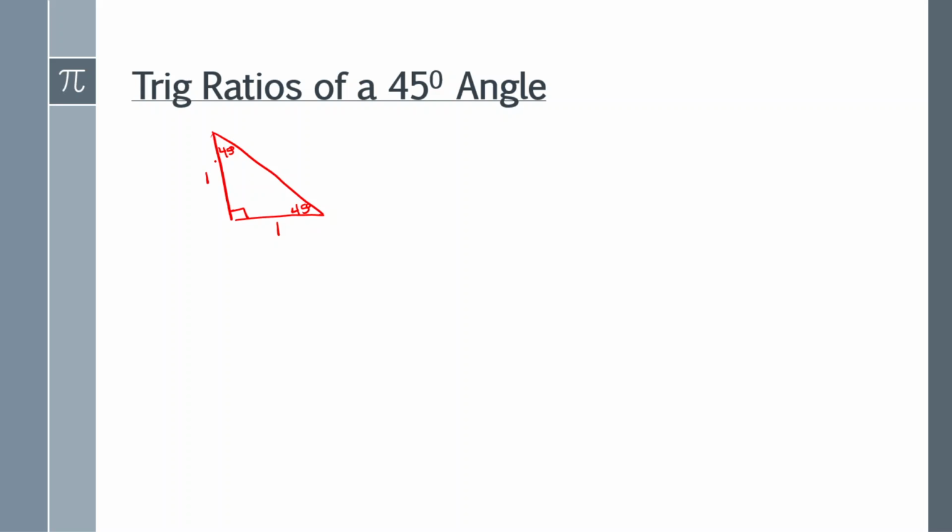So let's just call them 1 for the moment. That means the hypotenuse is 1 squared plus 1 squared equals my hypotenuse squared, so the hypotenuse is going to be the square root of 2. In geometry class, you may have seen the rule written like this. We're just going to assume for the moment that x is 1.